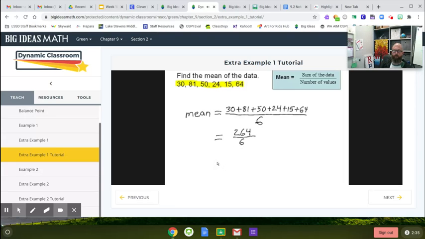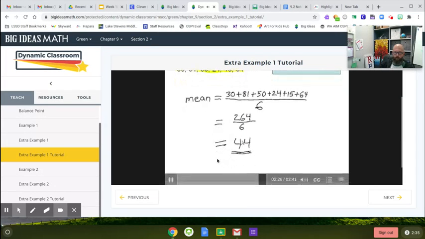And we can divide 264 by 6 to find that the mean is 44 for this problem. So we can say that the mean, or the average, of the numbers 30, 81, 50, 24, 15, and 64 is 44.